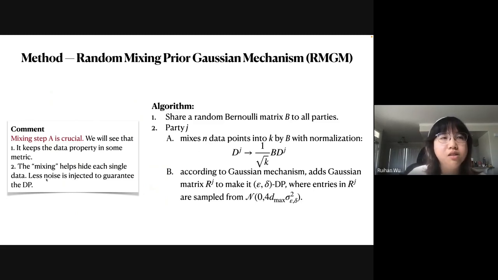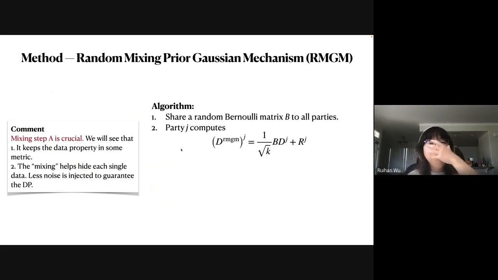And secondly, such mixing helps hide each single data point from the output. Then intuitively, less noise is injected to guarantee the differential privacy. And we'll see how it helps in the later derivation.